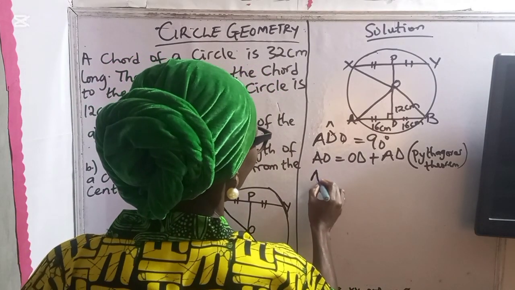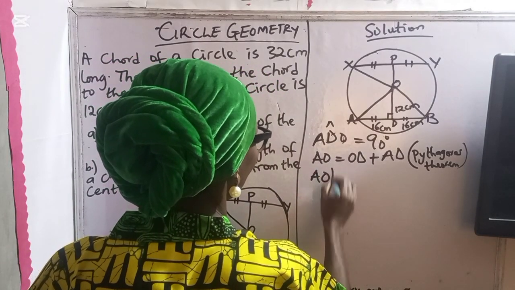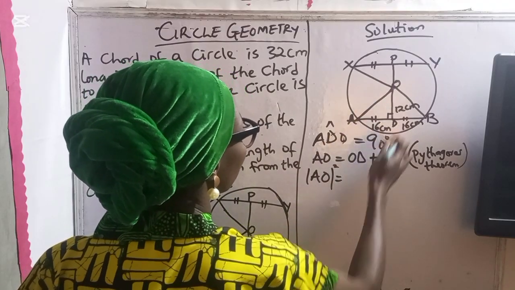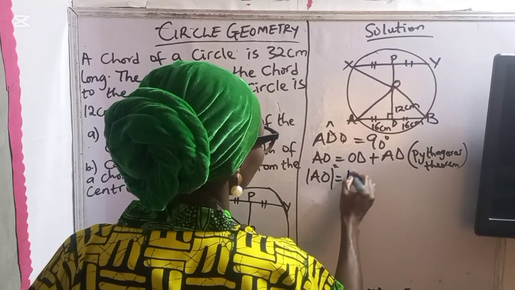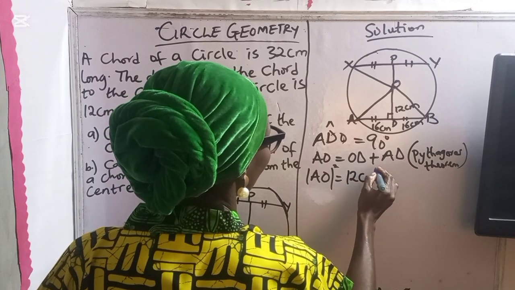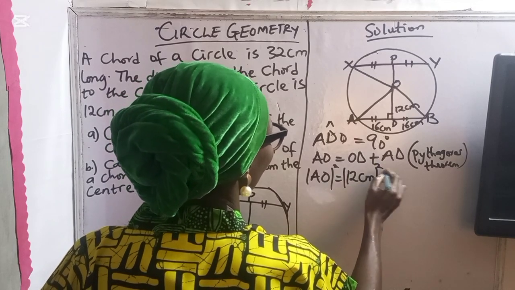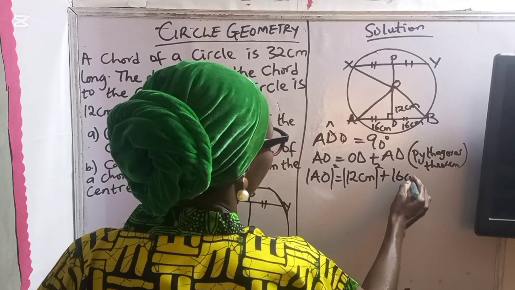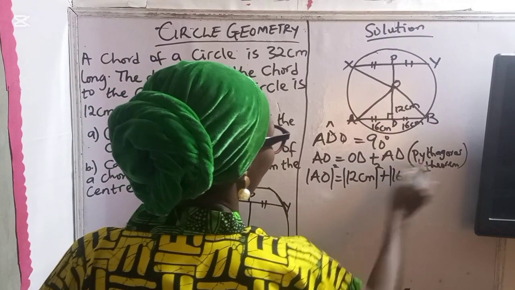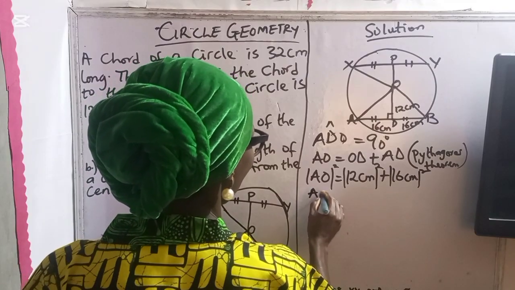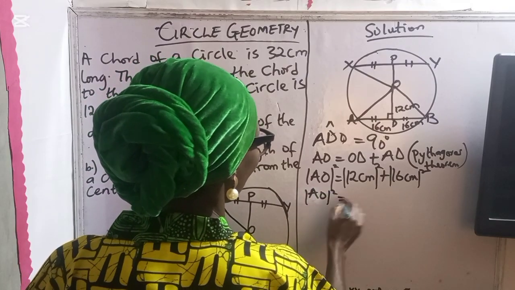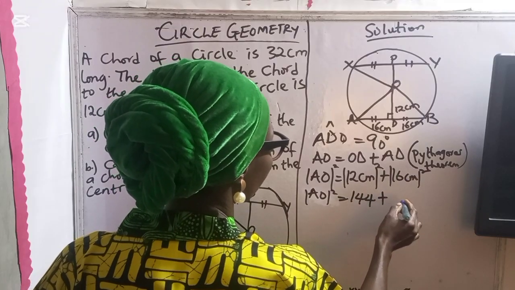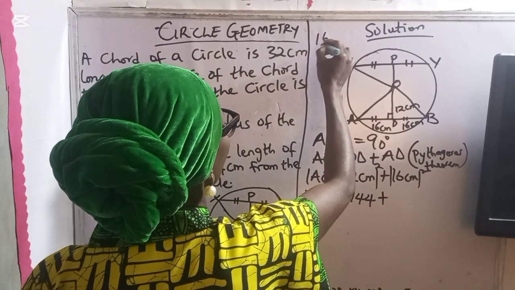That's what we are looking for. AO squared equals OD, which is 12 centimeters squared, plus AD, 16 centimeters squared. So AO squared equals 144 plus 16 squared.